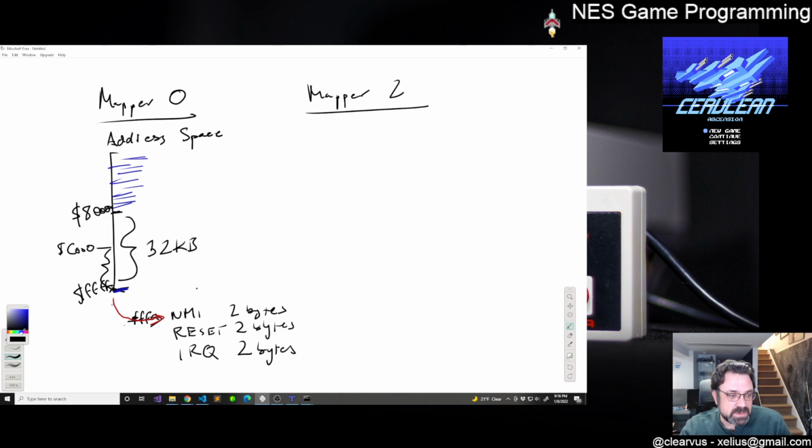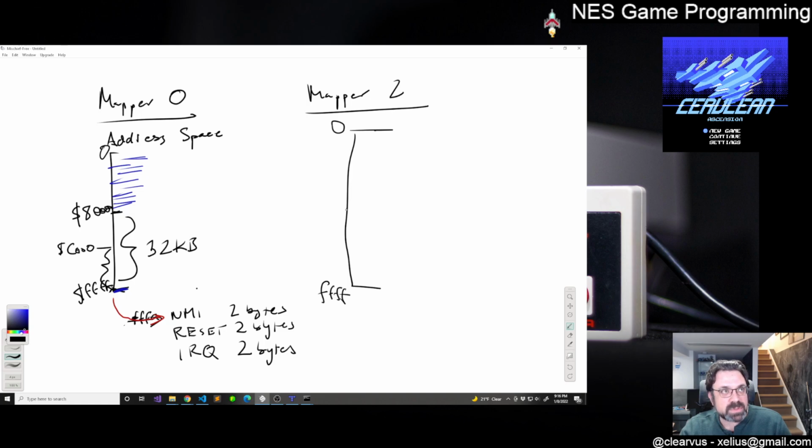So this range of 0 to FFFF is the maximum range an address can be. So what it does instead is it says, okay, this is still the same address range, but let's play around with how the ROM data is accessed.